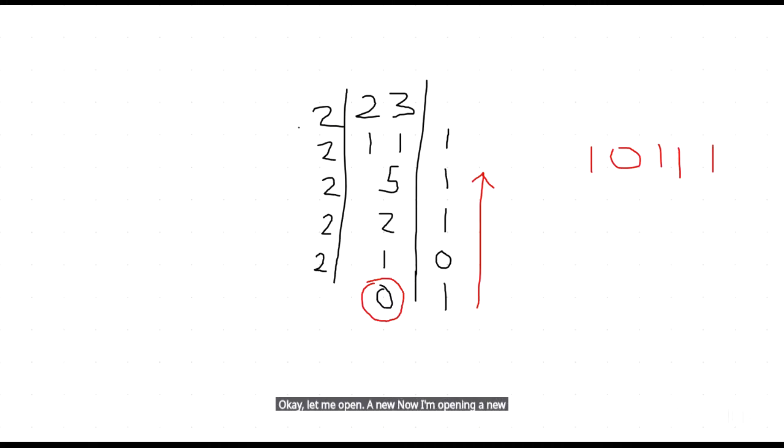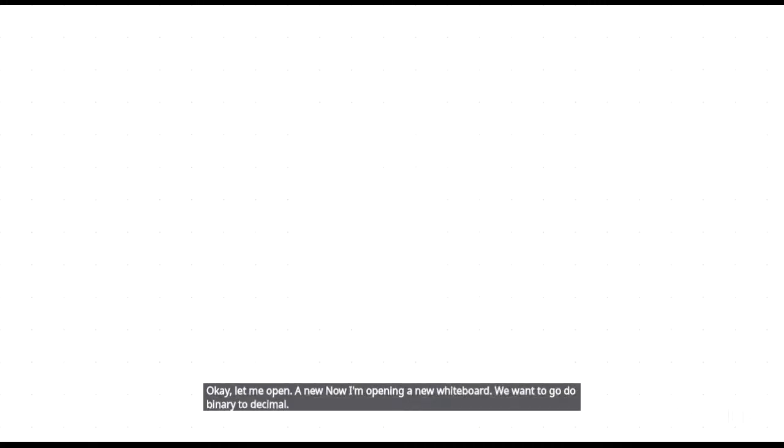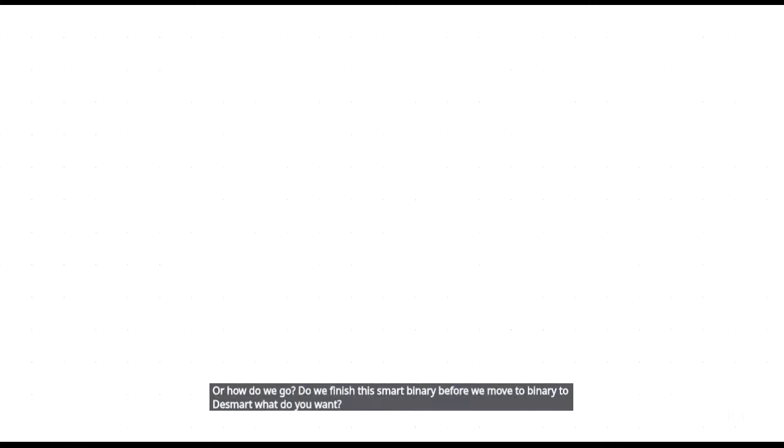Do we finish decimal to binary before we move to binary to decimal? We have done decimal to binary. Do we do decimal fraction to binary fraction before we move on to the opposite direction, or do you want us to touch binary to decimal? You are free to comment.